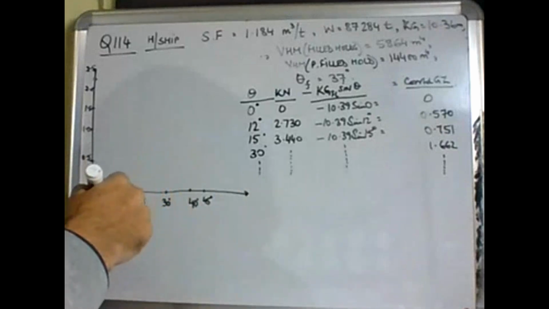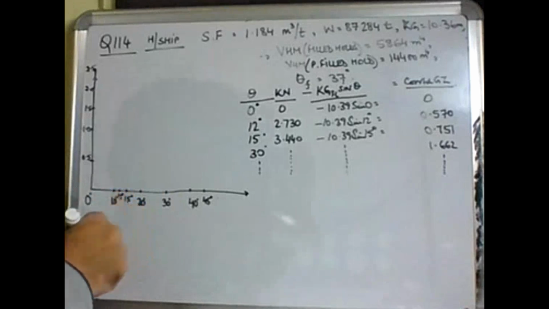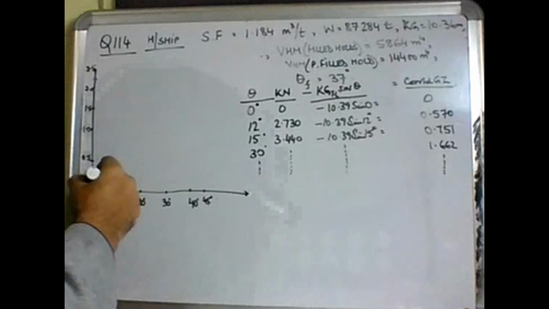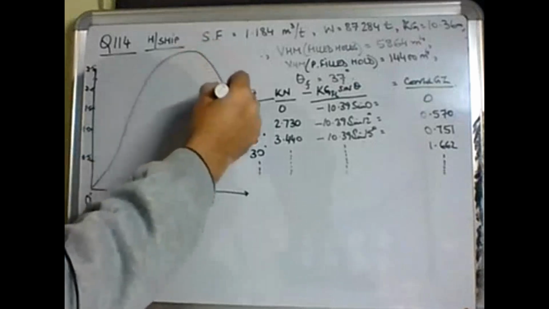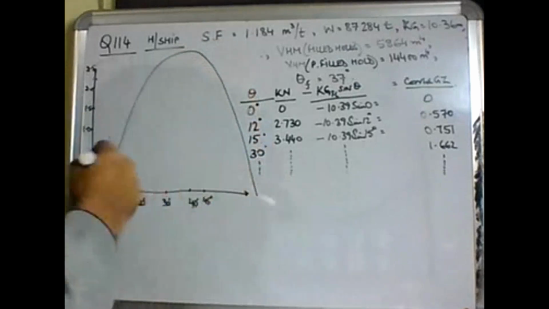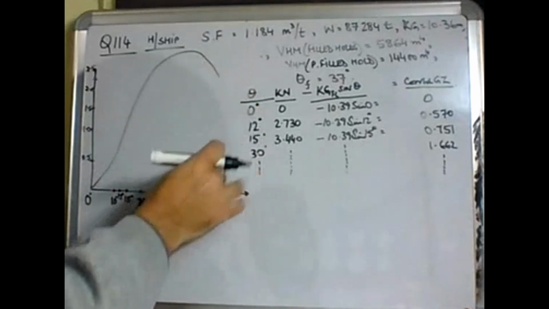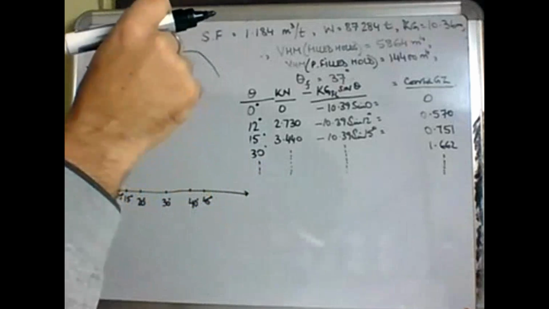So you will join these points in the graph and plot the curve. So let us say your curve comes out like this. I am drawing this randomly right now. This is a random curve which I have drawn. You have drawn this.